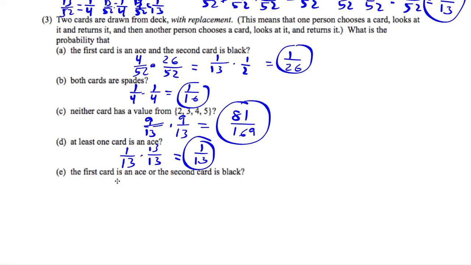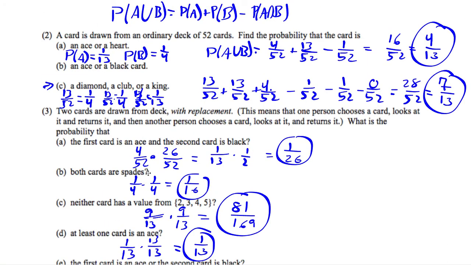And then the next one, so the first card is an ace, or the second card is black. I'm going to use this magical formula again.